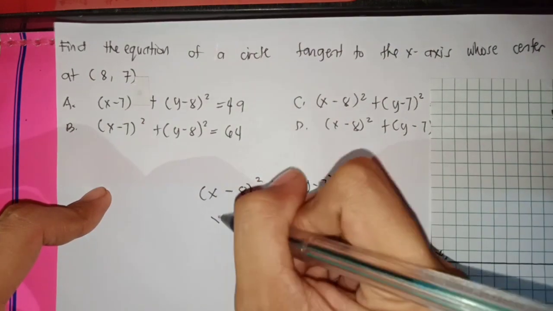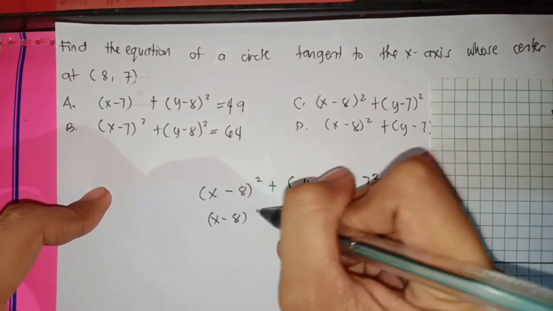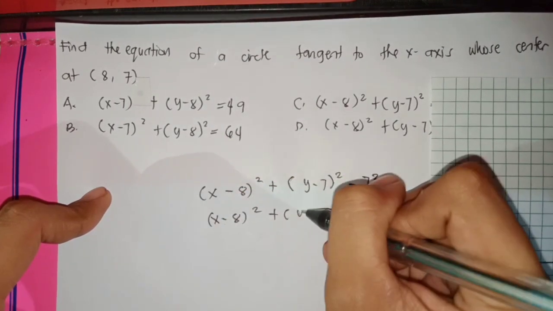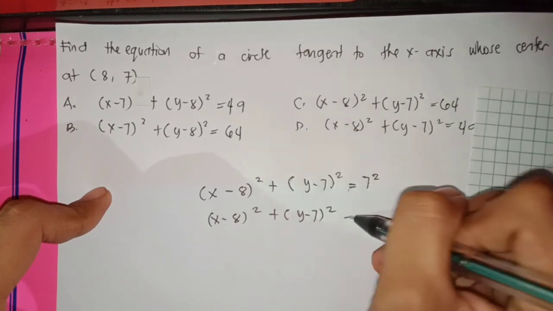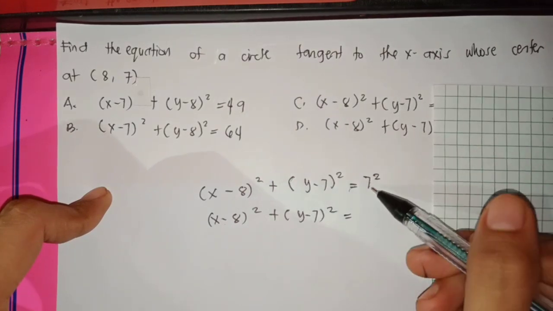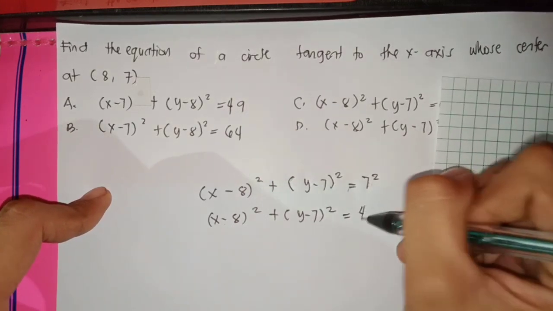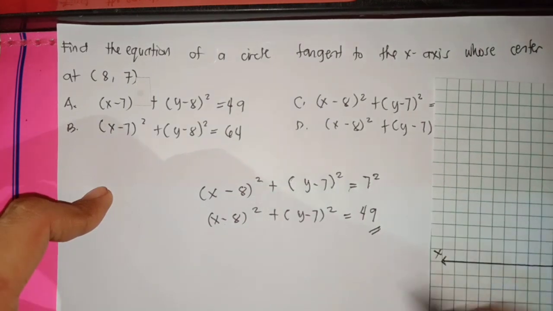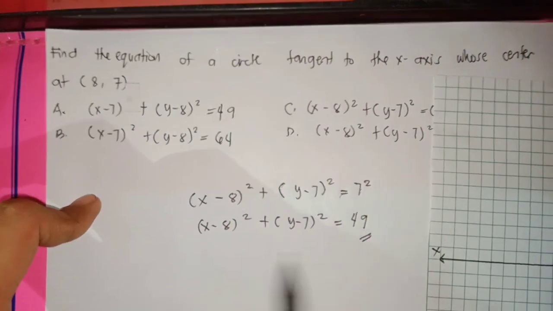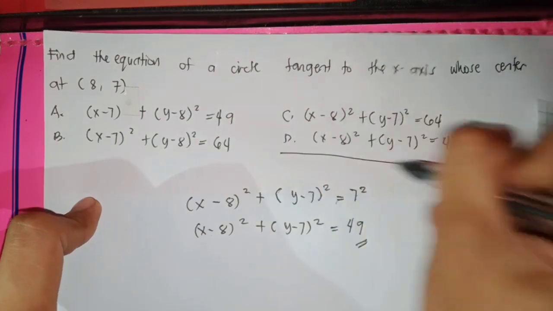It will become x minus 8 squared plus y minus 7 squared equals 7 times 7, which is 49. So this is our equation. The correct answer is letter D.